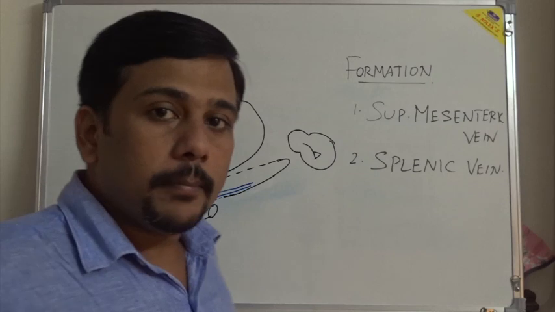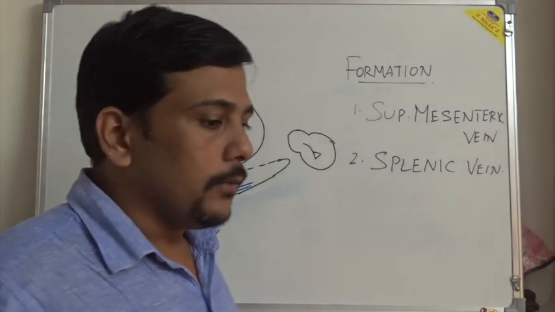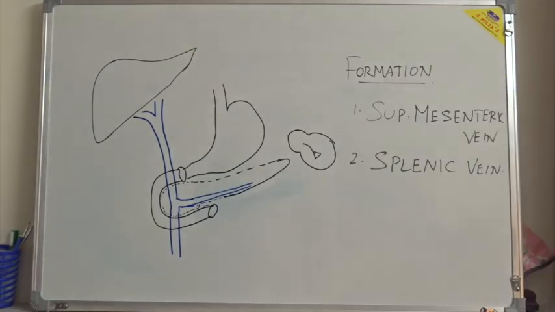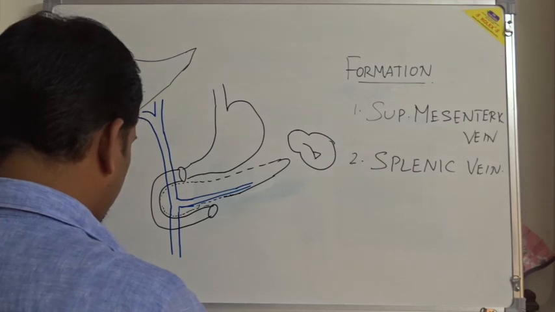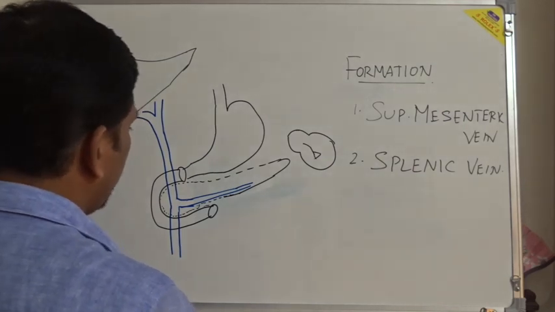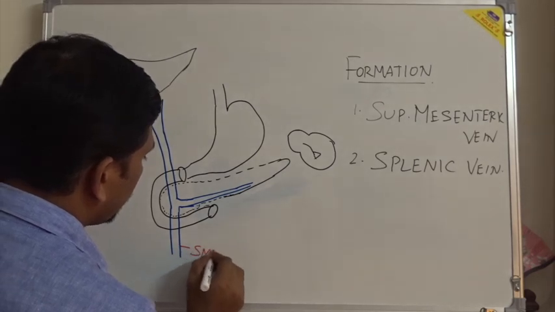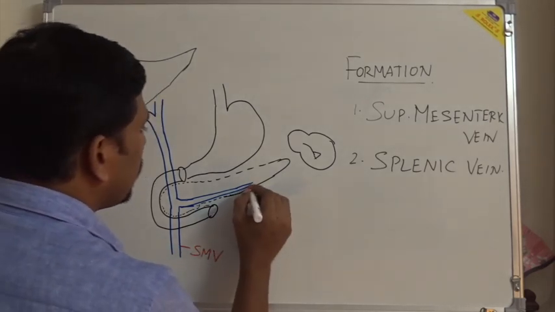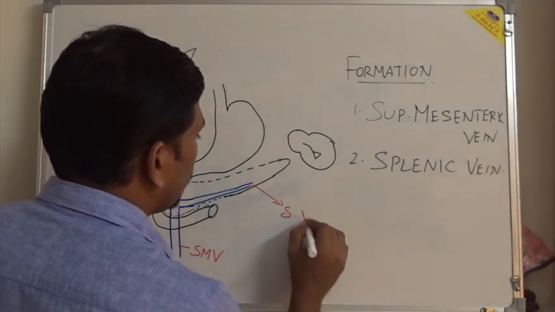So these two are mainly considered as the formative tributaries of the portal vein. Here we have this one, the superior mesenteric vein, and here we have the splenic vein. Okay.